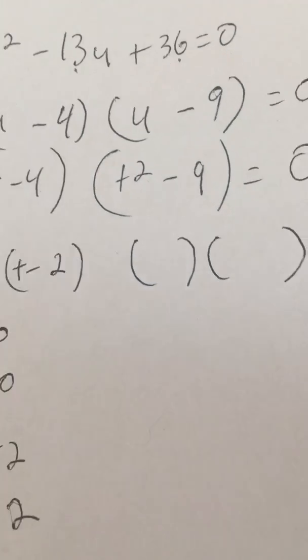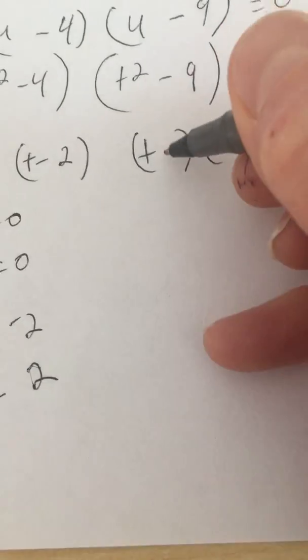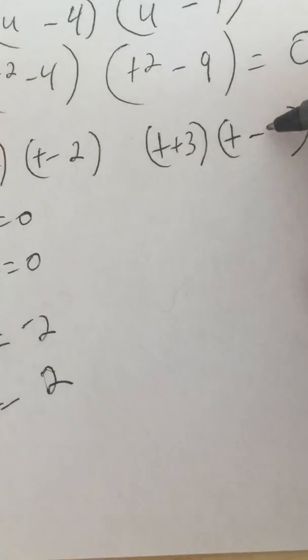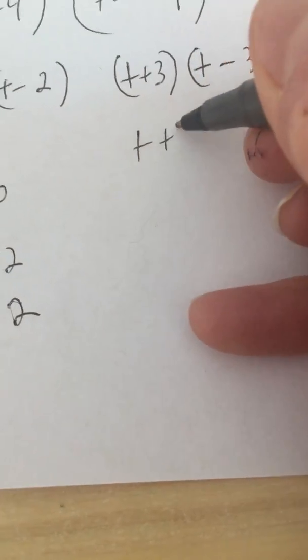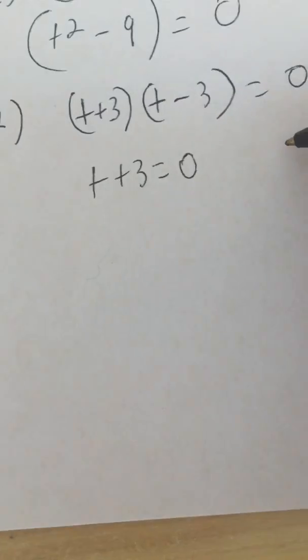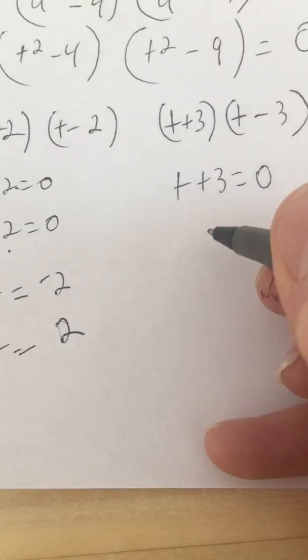I'll do it better over here. All right, t times t, the positive 3 and the negative 3, and I'll do this out. So t plus 3 equals 0, and t minus 3 equals 0. So let's do this one.